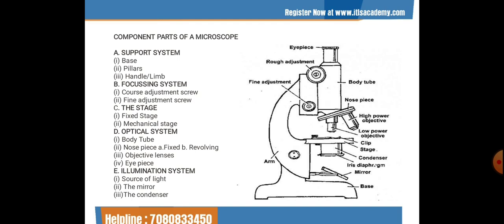Okay, the most important optical component of the microscope is the objective. Let's consider the optical system of the compound microscope. The objective is the most important optical component.